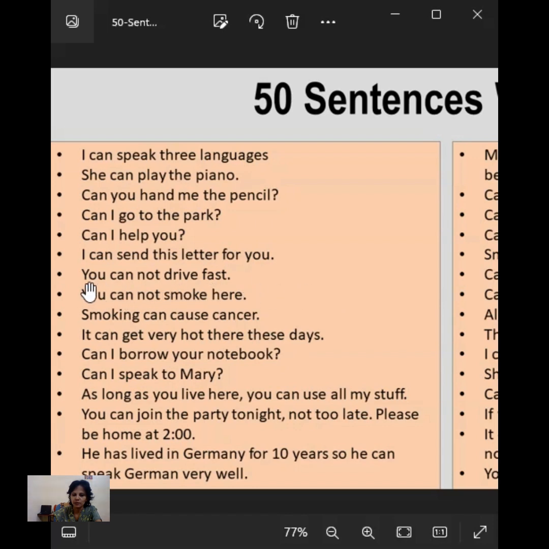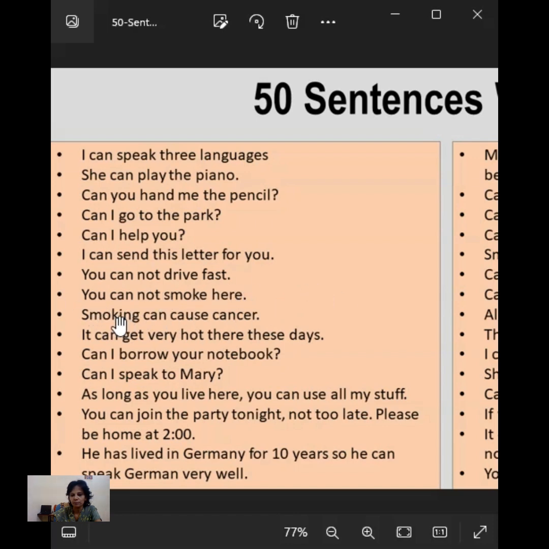That time other people tell you, you can't drive fast, go slow. You are not allowed to drive fast, not permitted due to those roads. That is what it means.